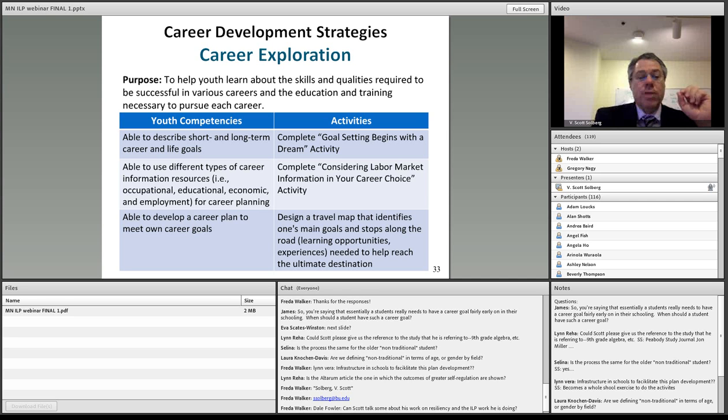So when we talk about career exploration, then it's about goal setting. It's about understanding that I can have a long-term goal, and then what are the short-term developmental ones that I need. It's about having occupational information. Do I really know the critical features of that occupation? And we found a big difference in those students who knew and could tell you something about the occupation and the education pathways to get there. They had more academic self-competence.